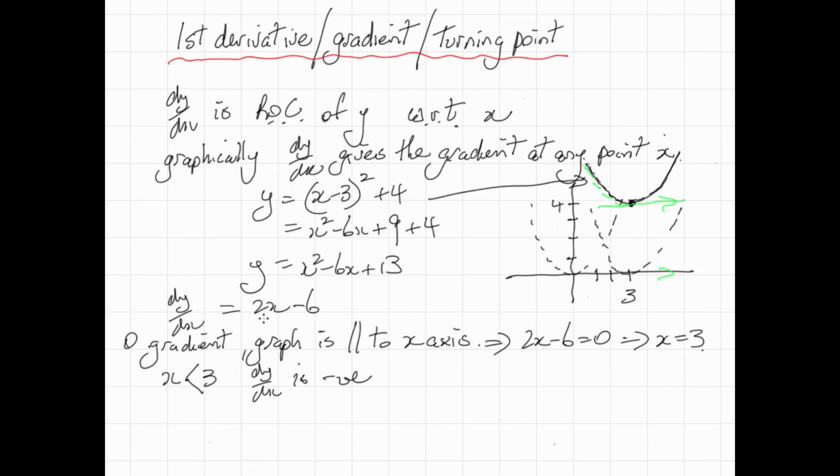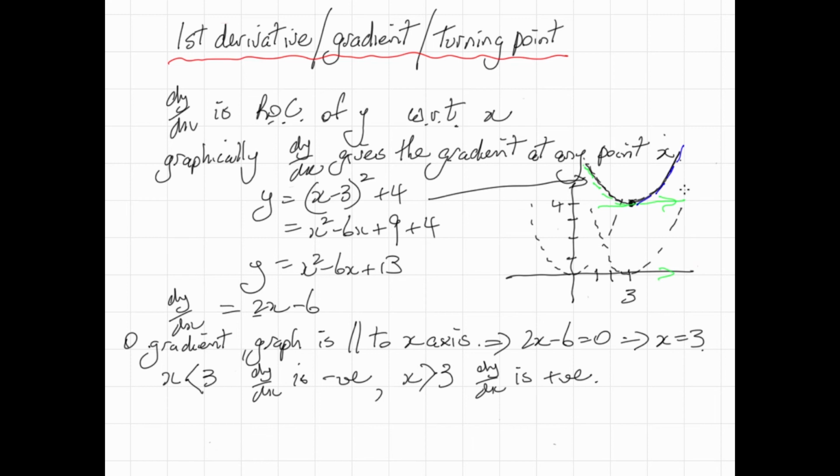You could substitute in any value of x less than 3, such as 2, 1, 0, -1, -2, or any decimal in between, and you'll find that dy dx will be negative. And then when x is greater than 3, dy dx is positive. Positive gradient means that the graph rises as you go left to right, and so all these blue tangents to the curve here are going to have positive gradient. In other words, the curve will have positive gradient when x is greater than 3.